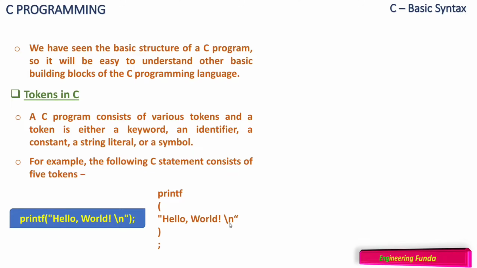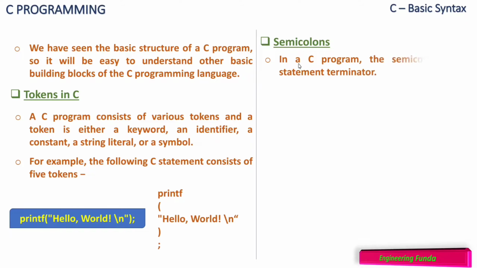Then this string, from the first letter H to the last character \n, is one token in itself because this is a string and it has to be taken as a whole. Then we have this closing bracket as the token, identifying the end of the string which is to be printed, and the semicolon is the token which is the terminating character for this printf statement or any statement in a C program.